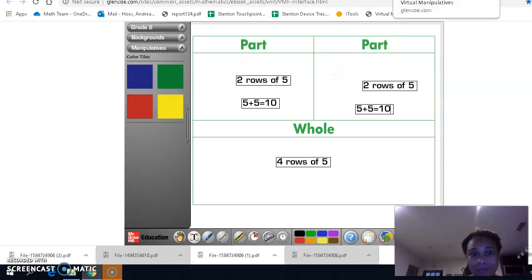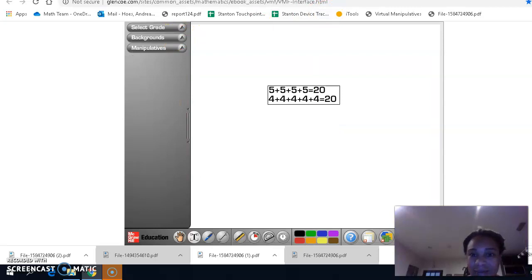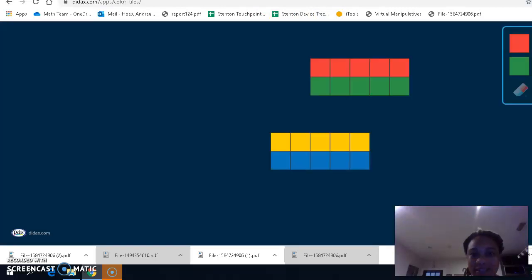So I'm going to go back to my manipulatives. And this time I'm going to make 6 columns of 2. Okay? So I have 1 column, 2 columns, 3 columns, 4 columns, 5 columns.